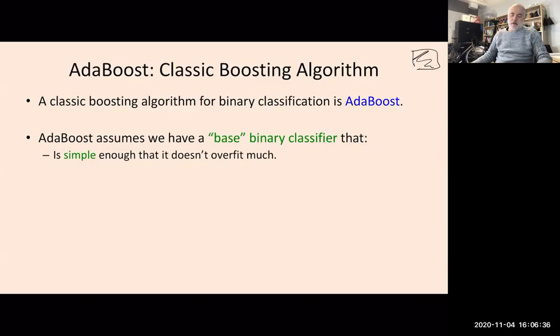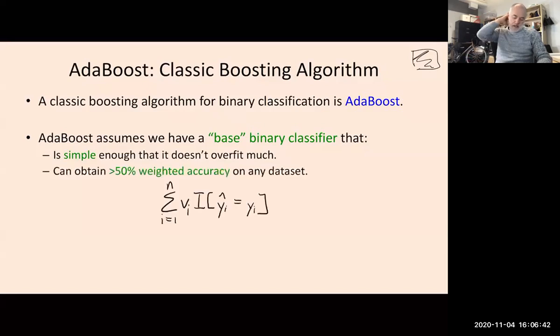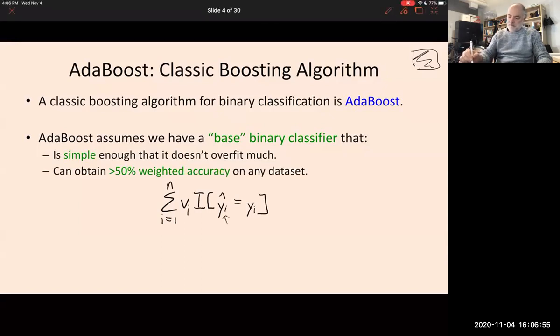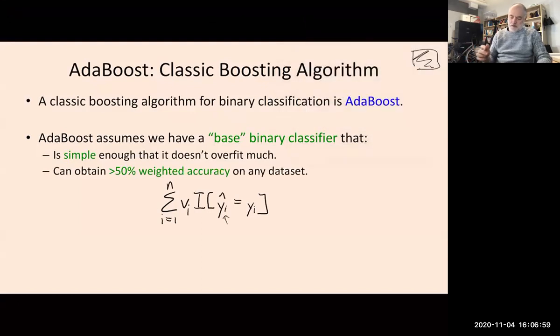Basically, AdaBoost assumes that we have a base binary classifier that's simple enough that it doesn't overfit too much. Think decision stump or something like that. And it can obtain 50% weighted accuracy on any data set. So the idea is you have your estimate, the true label, and then there's a weight associated to those.